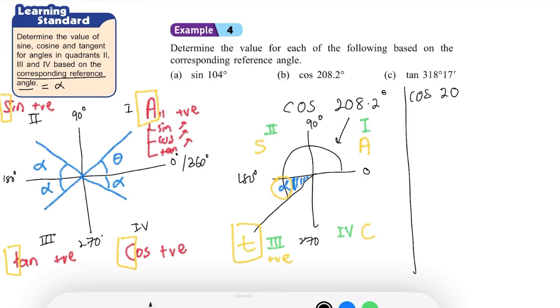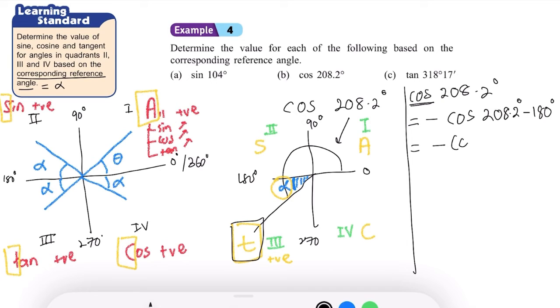Cos 208.2 degree is equal to, this is cos, it is not tangent. So when it is not tangent, the value is going to be negative. Negative cos alpha. To find our alpha is 208.2 degree minus 180 degree.